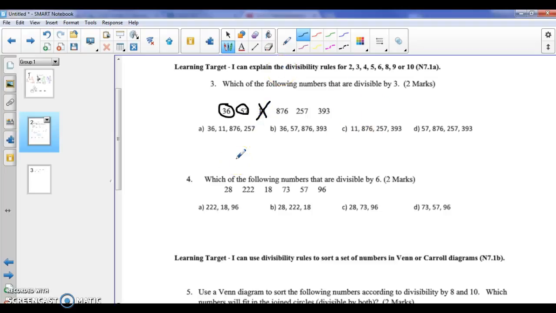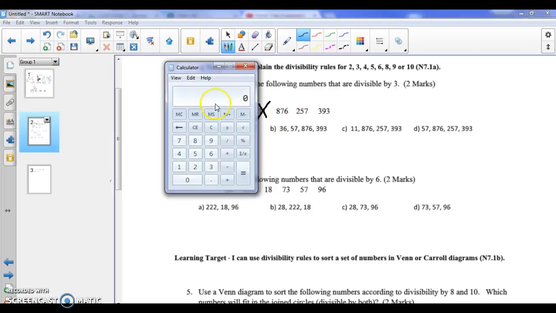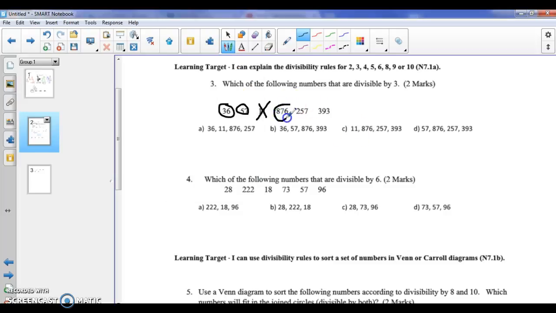If I move up to 876, 8 plus 7 plus 6 is equal to 21, which is divisible by 3, so I know that 876 is.